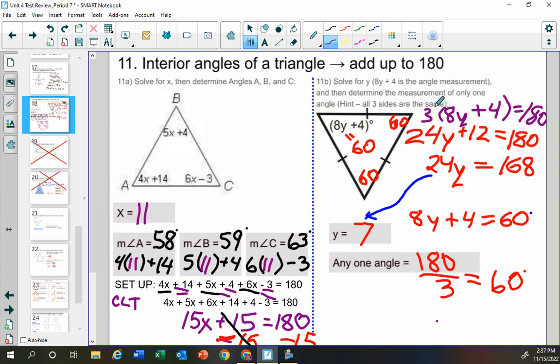That's how you get that. You multiply 3 times 8y, 3 times 4. Or you could have just said, hey, the only way this works is if my single angle is 60 degrees, and then just work backwards. That's the other way you can set up that problem.